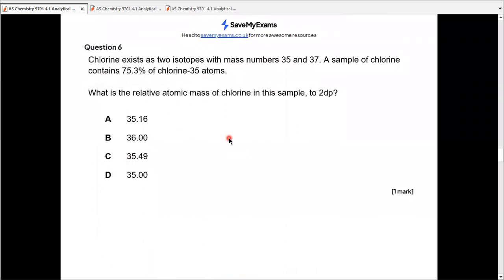Moving on, question 6. C. C, good. Again, you're quick and correct.